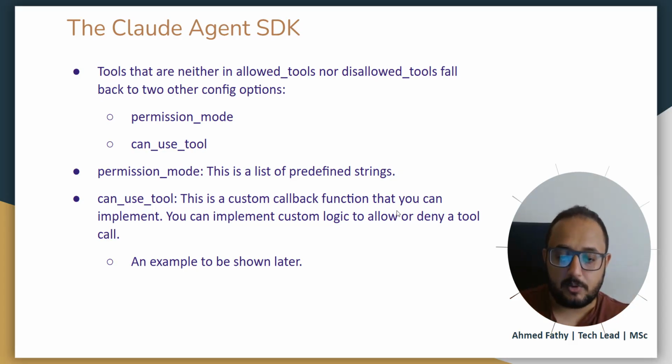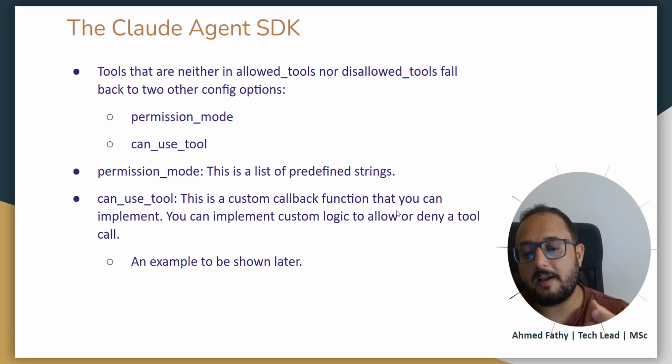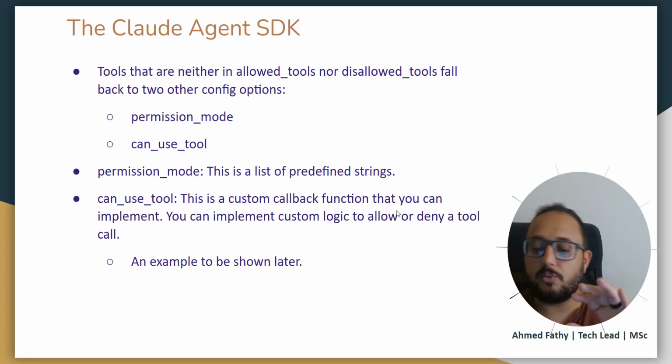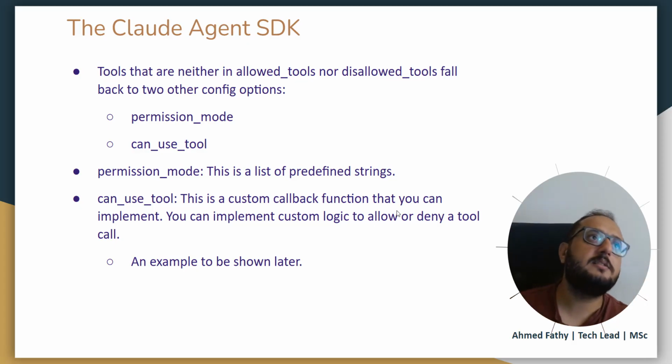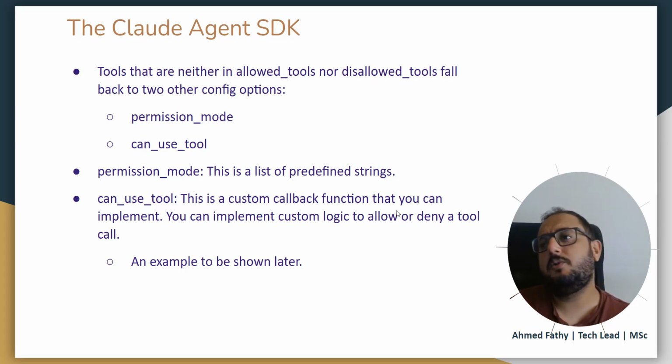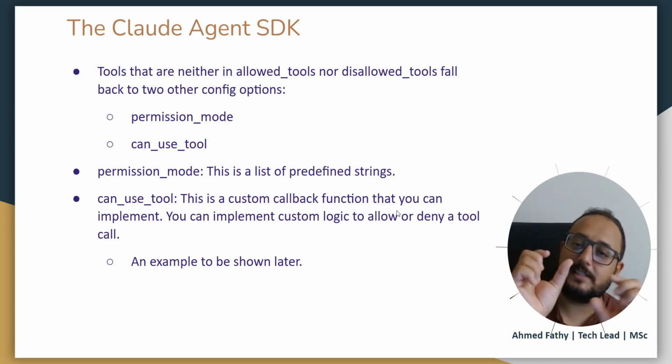So permission mode, this can be one of predefined strings. We will talk about this in a minute. Can use tool is another parameter where you can actually define a custom callback function that you can implement yourself. You can implement custom logic to allow or deny a tool call. For example, you might not want to allow Bash in general, but maybe you can allow just one specific Bash command.